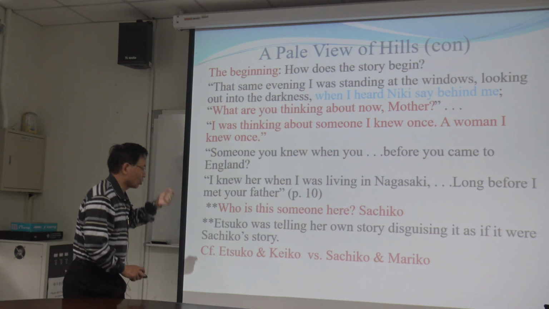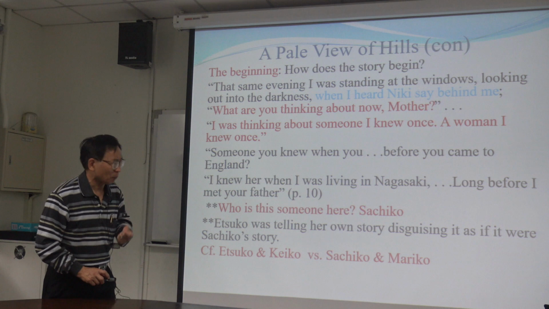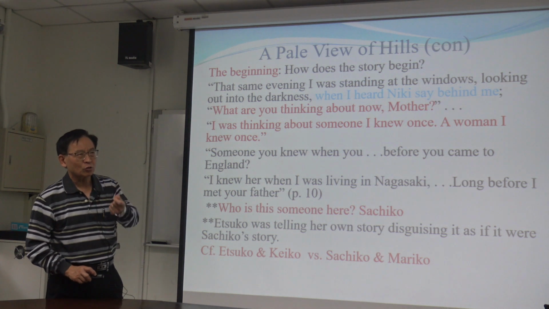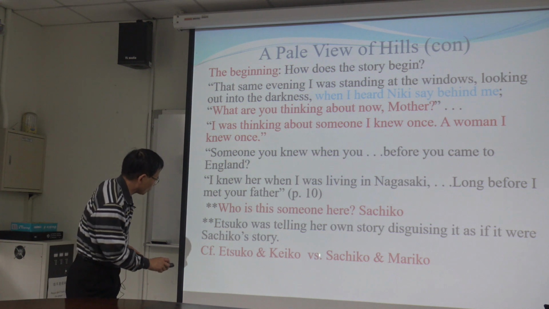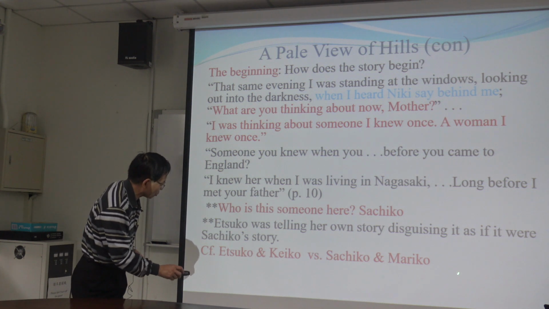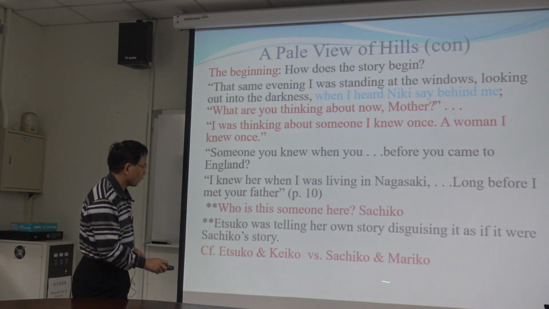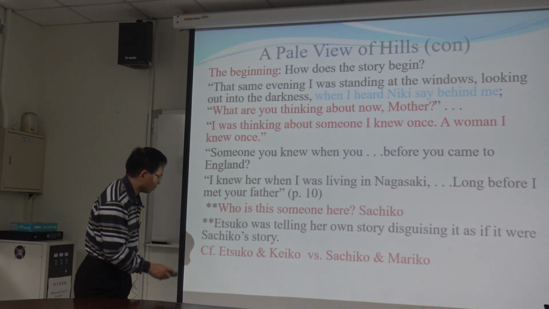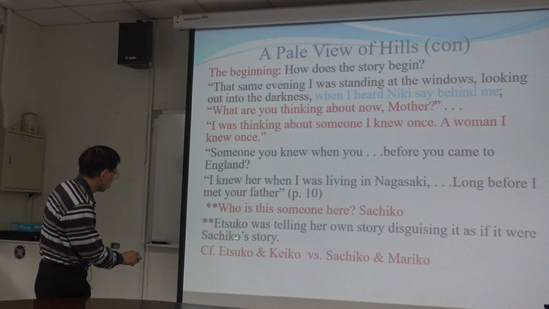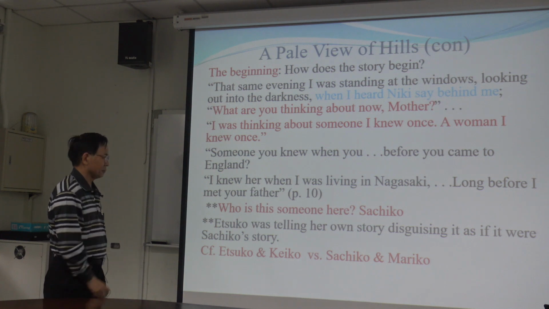So Ezuko's story actually is about the story between a mother and a daughter, between Sachiko and Mariko. Don't forget, try to link Sachiko and Mariko with Ezuko and Keiko.